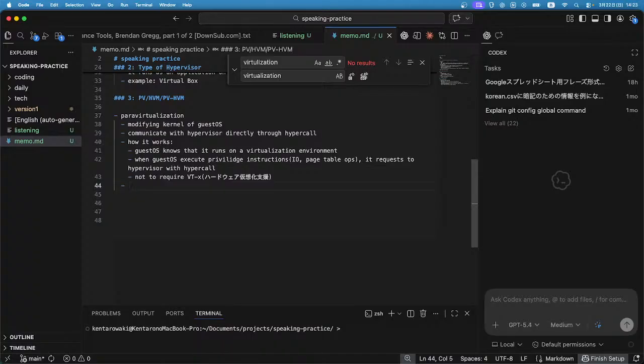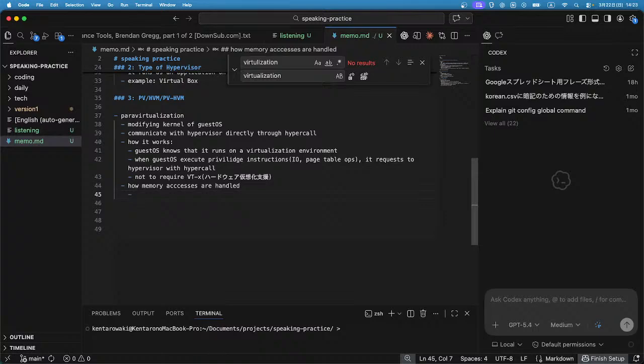So memory, how about memory access? Accesses are handled. Let me read. Okay.